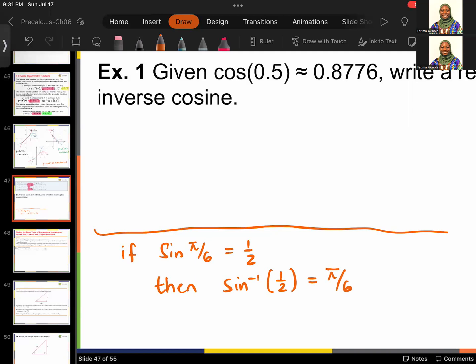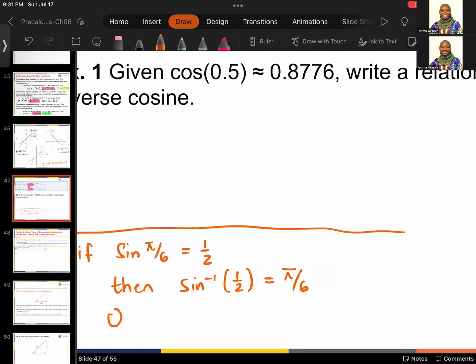So again, the outputs for inverse functions are angles.